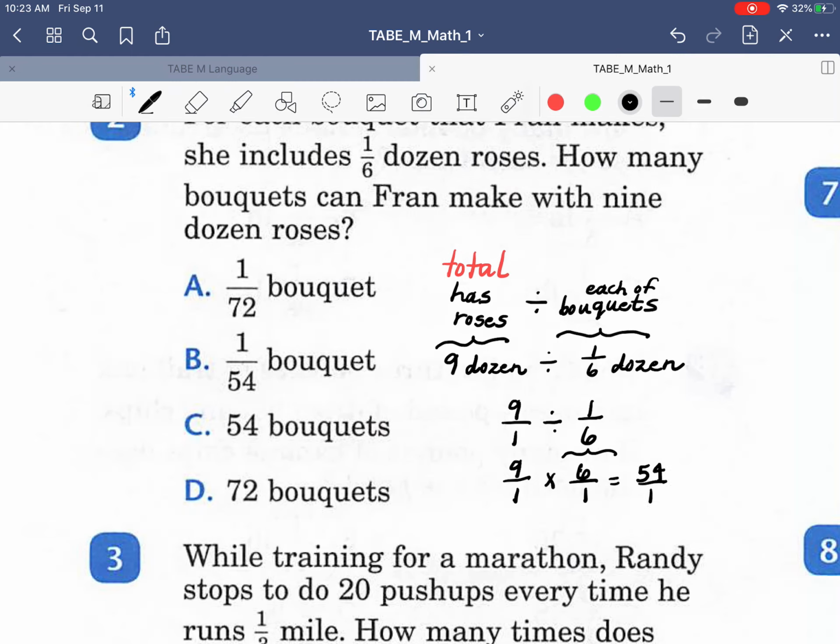So 54 over 1 is 54. So with those 9 dozen roses, she can make 54 bouquets. The answer to number 2 is C.